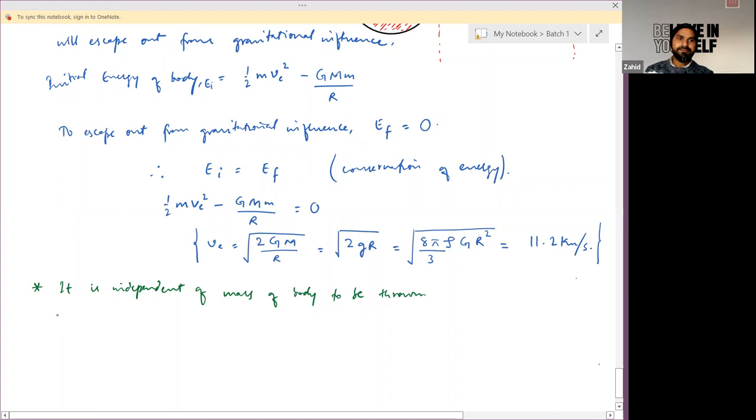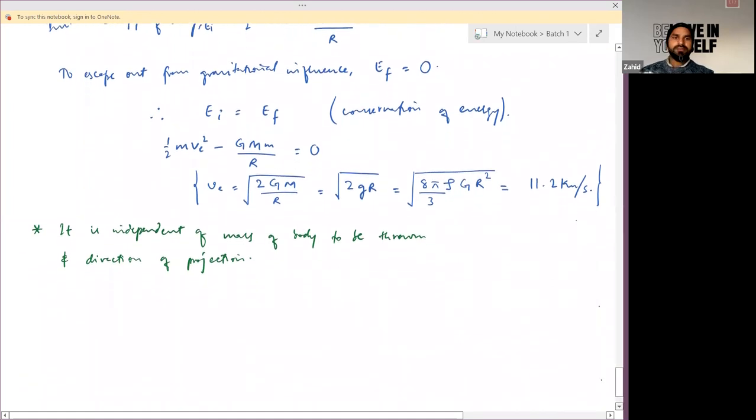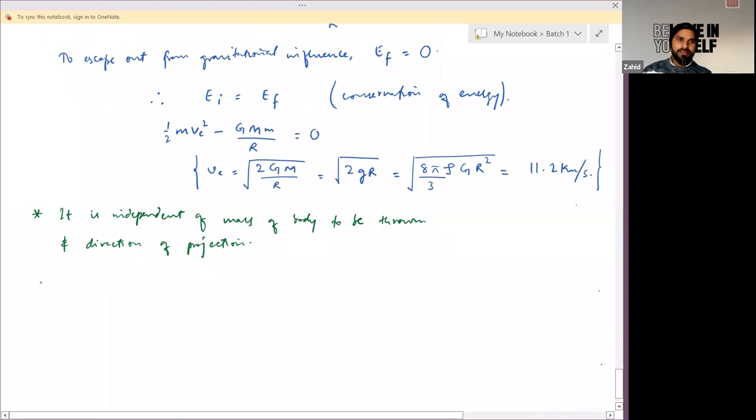Next, direction of projection. Next application of it is existence of atmosphere.